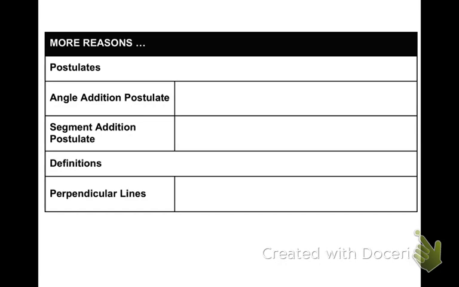Remember the angle addition postulate? It's where we add angles together to equal the whole entire angle, right? So if we had something like, if the measure of angle ABC plus the measure of angle CBD, then you would have it equaling the measure of angle, will that be ABD?